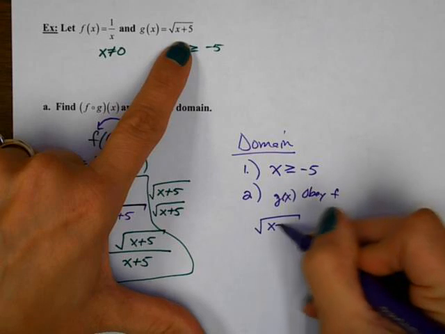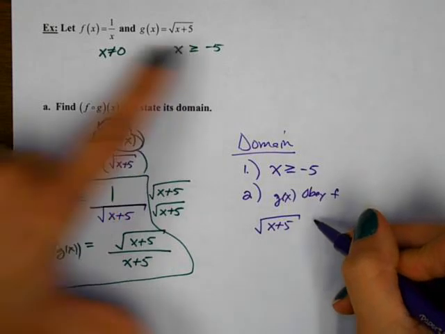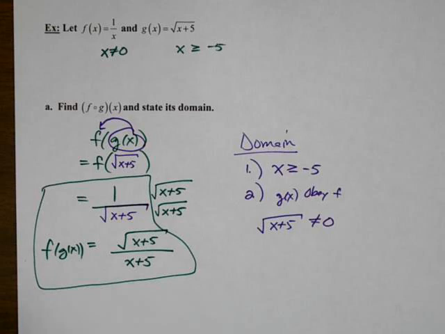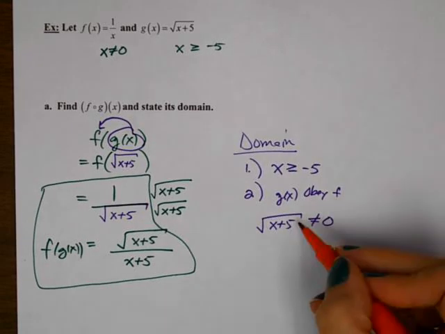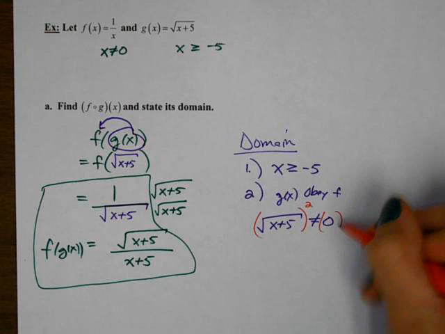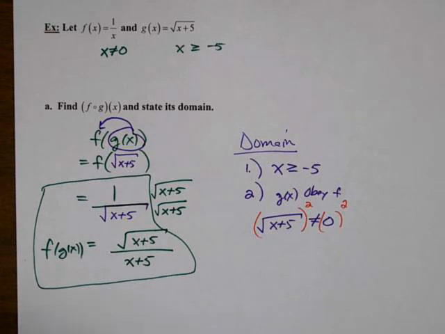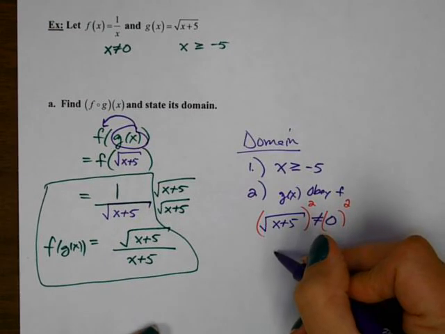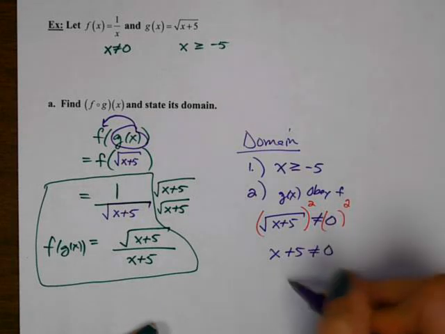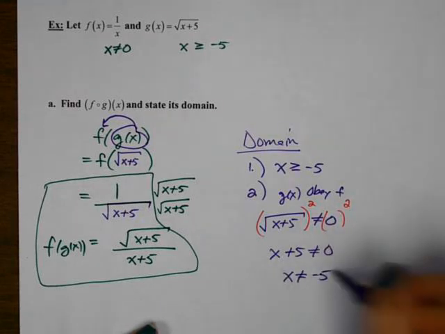Square root of x plus 5, and f says do not equal 0. Okay, how do you clear a square root sign? You put parentheses, you square the entire left, you square the entire right, and we get x plus 5 cannot equal 0. X cannot equal negative 5.